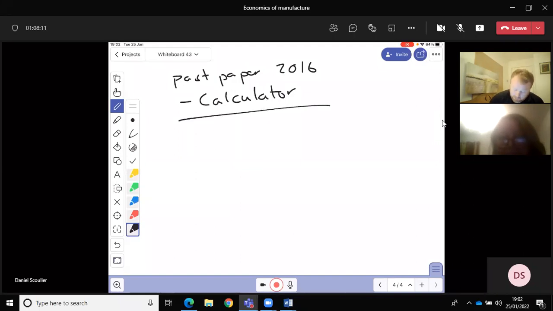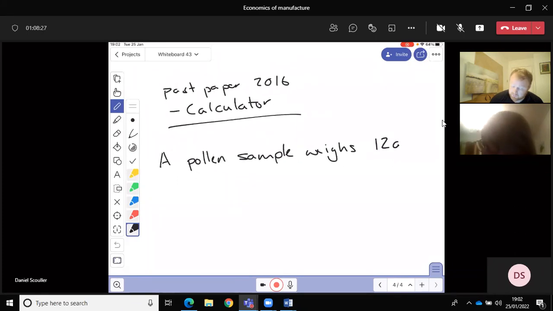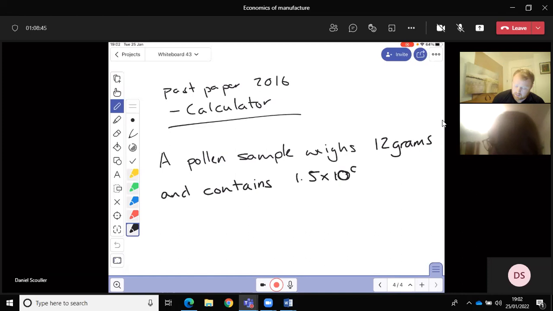So the question asks: a pollen sample weighs 12 grams. So a collection of pollen weighs 12 grams and contains 1.5 times 10 to the 9 pollen grains.